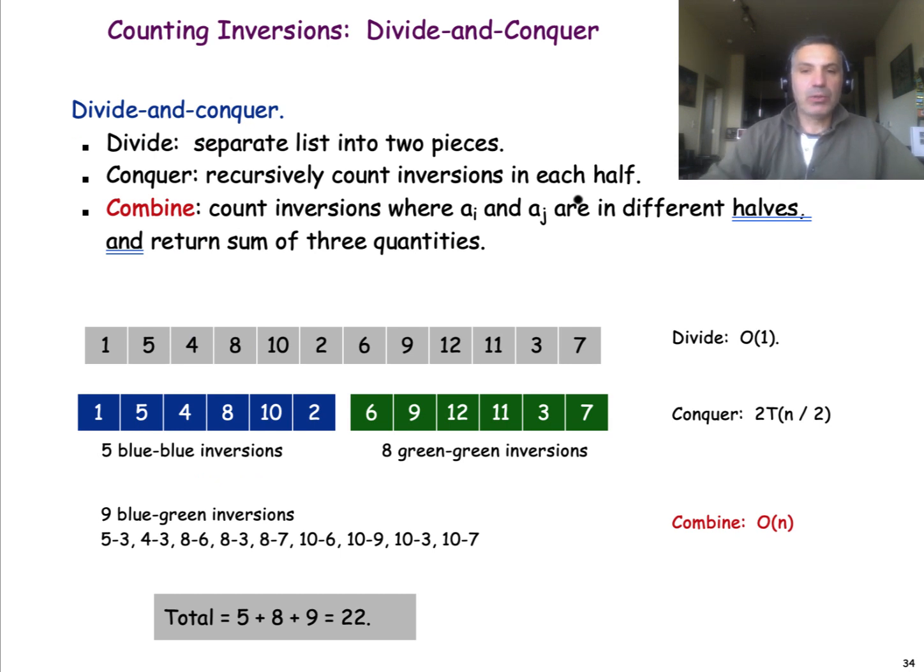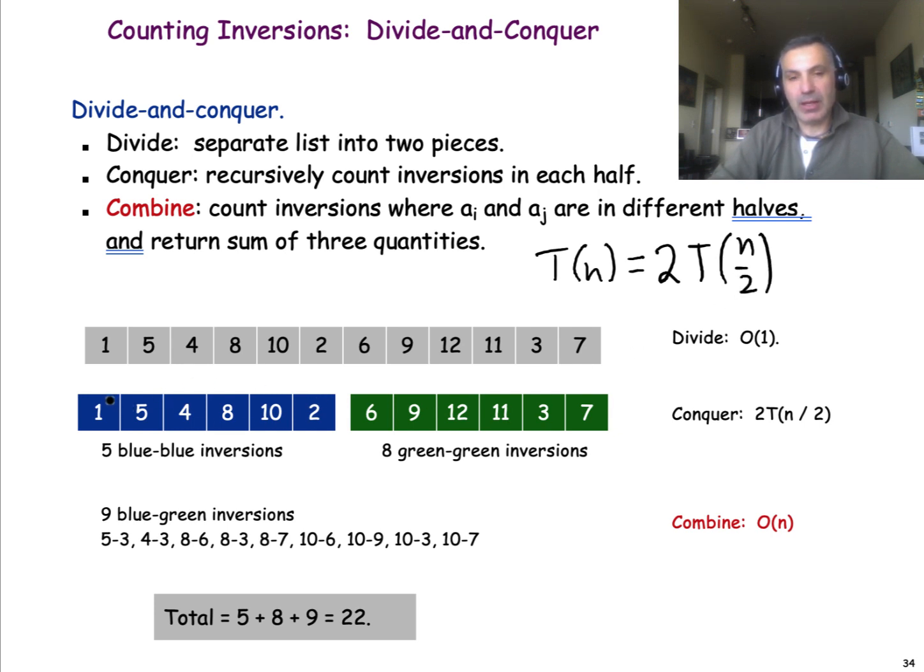Finally, we are ready to talk about the running time of this algorithm. So as we do with merge sort, we split the problem of size n into two problems of size n over 2. So if T(n) is the time to solve the problem of size n, we now have to solve two problems, each of them of size n over 2. And what does it mean to solve them?